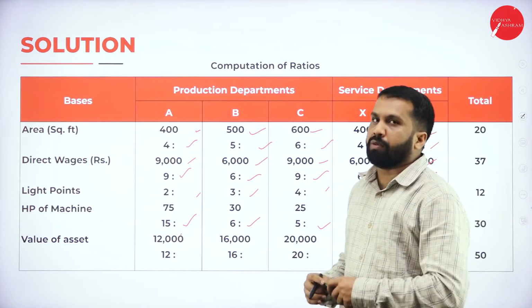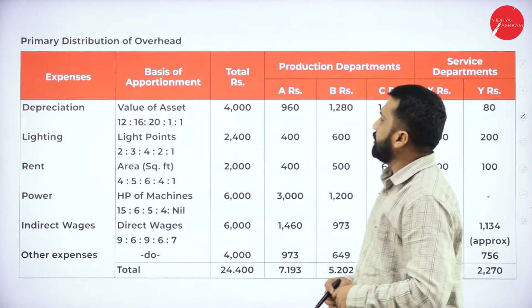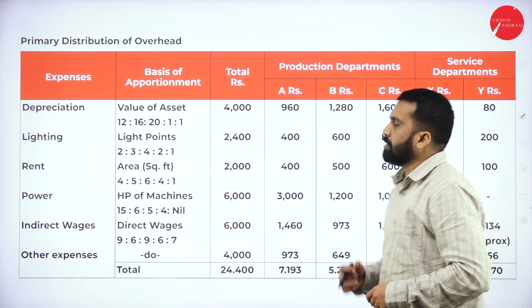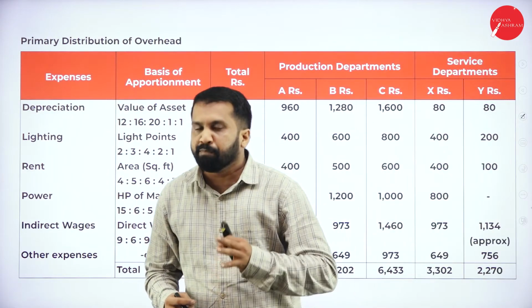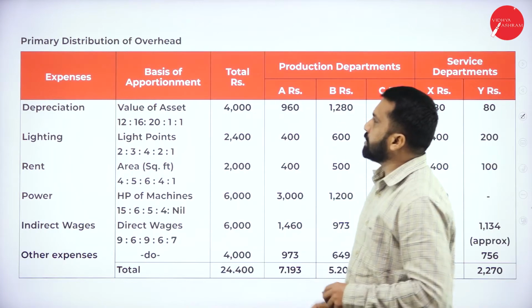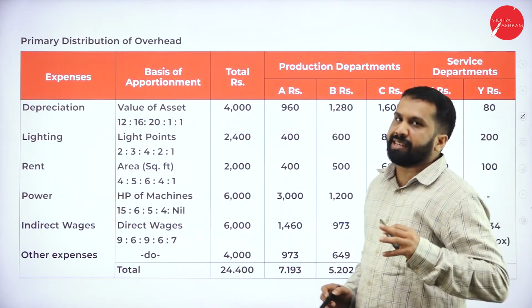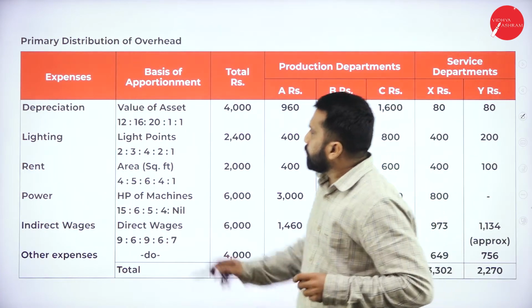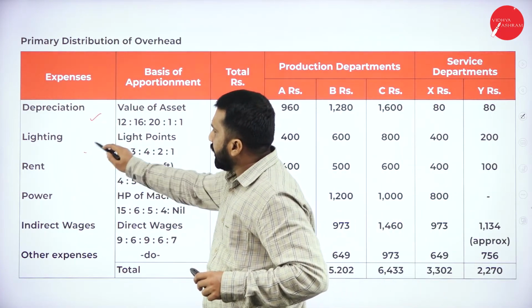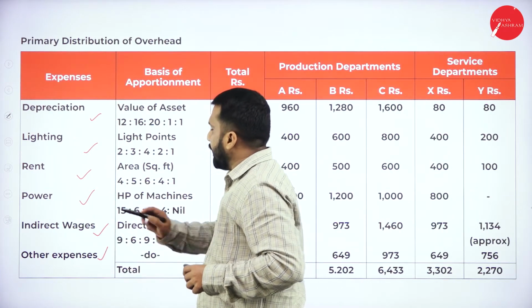Once you are done with your working note, what is your next procedure? The next procedure is your primary distribution of overhead. Under primary distribution of overhead, we are supposed to write all the expenses. What are those expenses? Your depreciation, lighting, rent, power, indirect wages, other expenses.